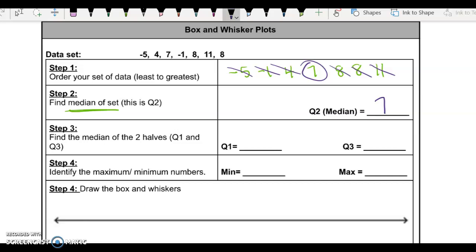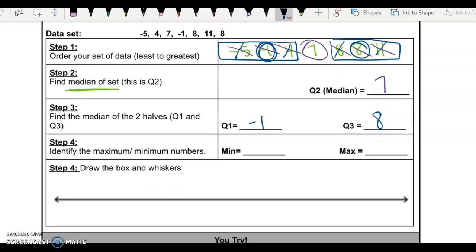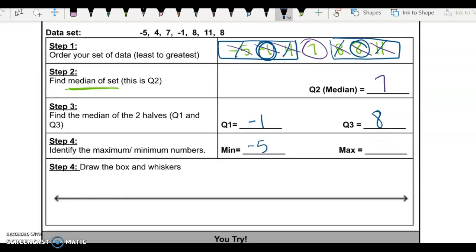Find the median of the 2 halves. So from these 3, our middle number is -1. And from these three, when we cross off, we find our middle number is 8. Our smallest number is -5, and our largest number is 11.